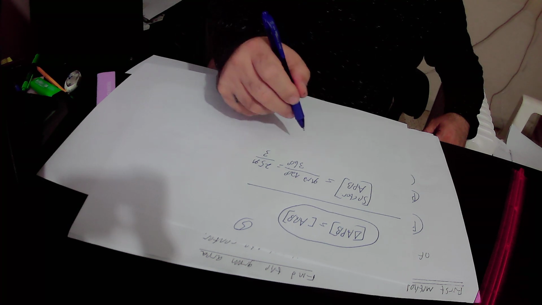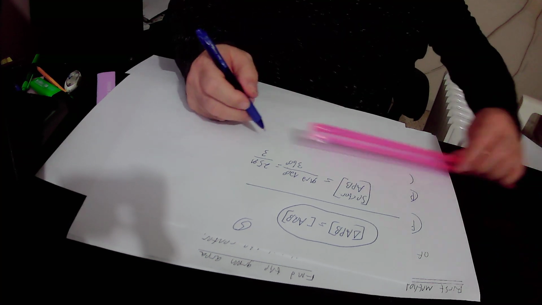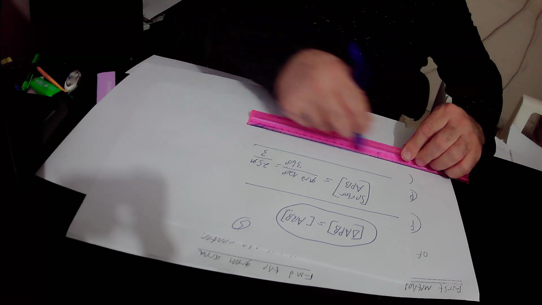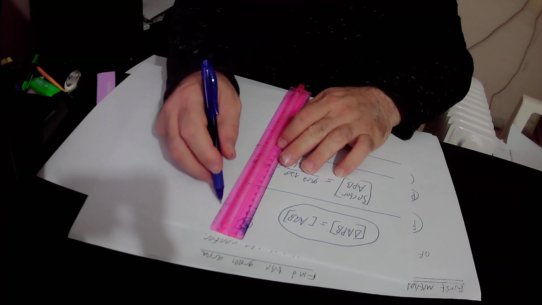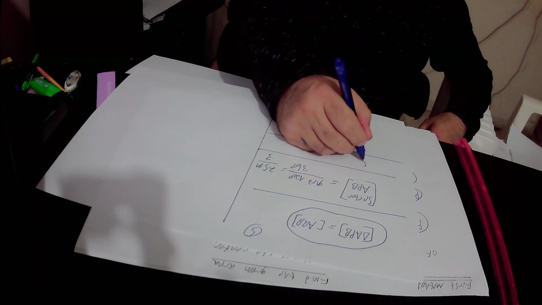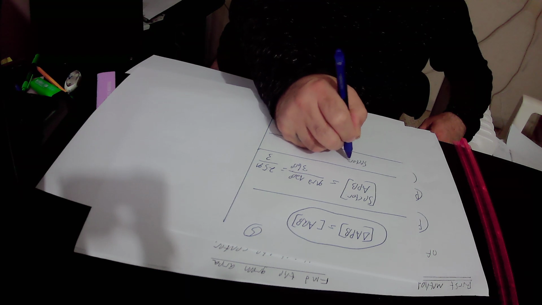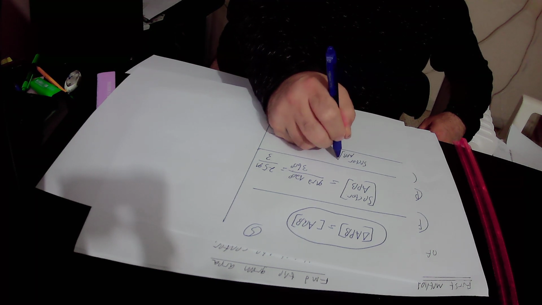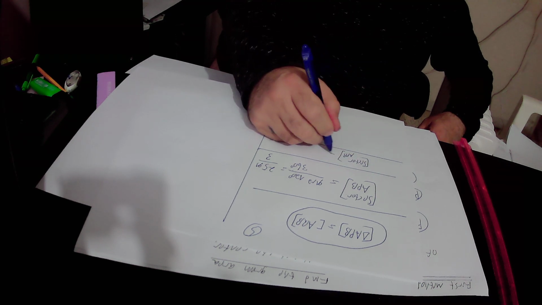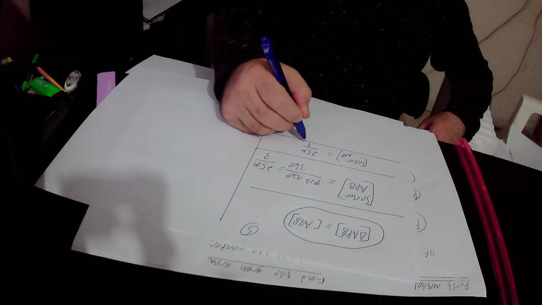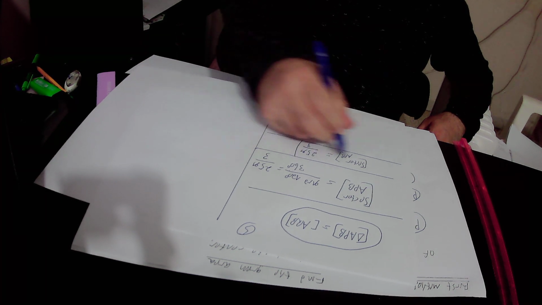So we found out that the area of sector APB is equal to 25 pi over 3 square units.